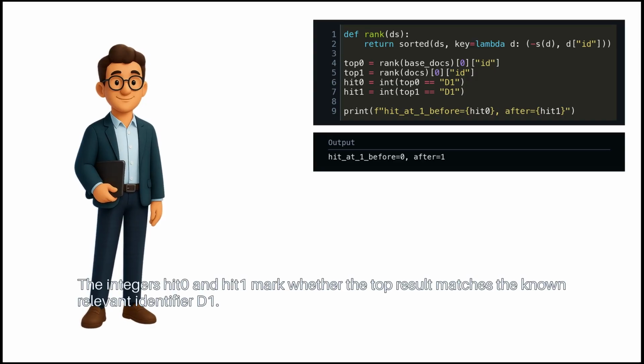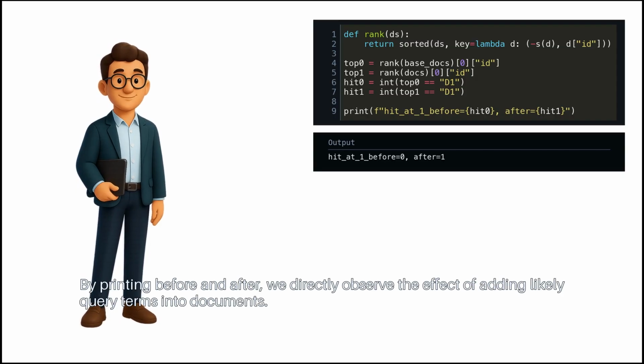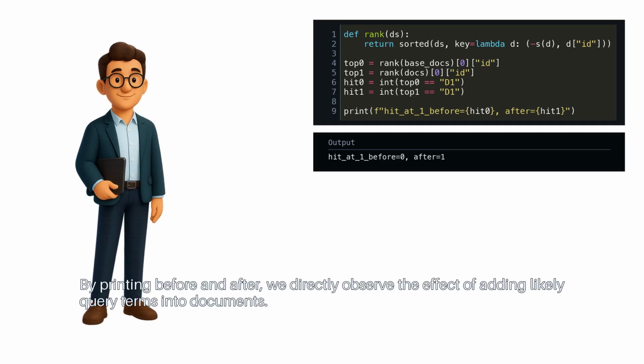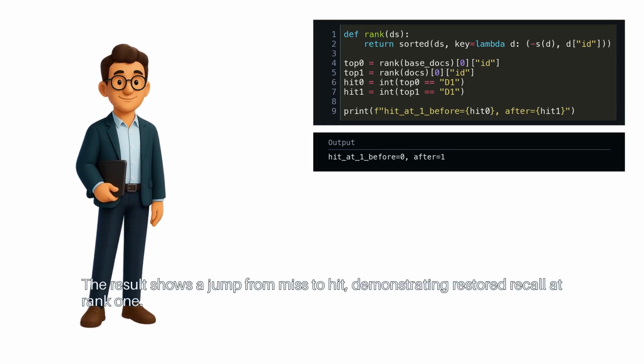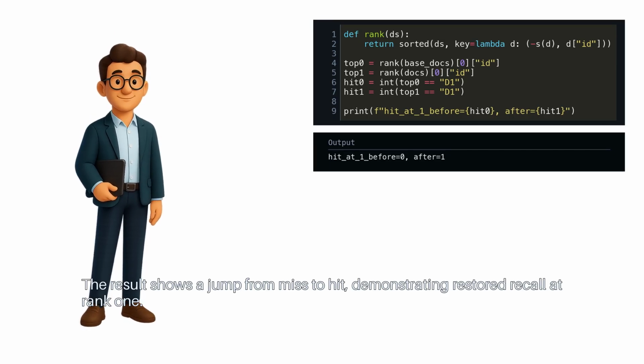The integers hit0 and hit1 mark whether the top result matches the known relevant identifier D1. By printing before and after, we directly observe the effect of adding likely query terms into documents. The result shows a jump from miss to hit, demonstrating restored recall at rank 1.